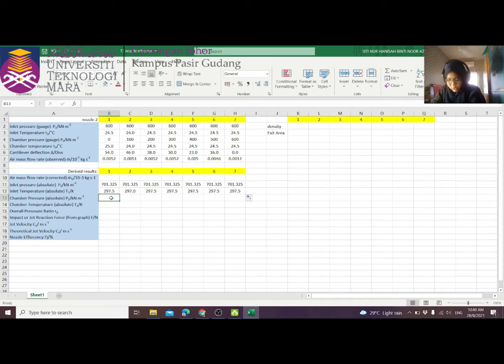Next is chamber pressure. I will use the chamber pressure gauge plus 101.325. After that, chamber temperature, the same as the inlet temperature: T2, we add 273 to change it to Kelvin.